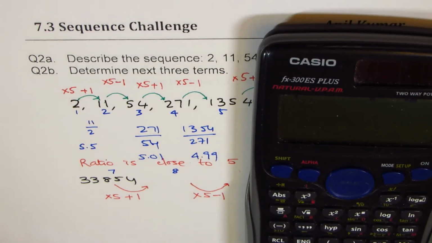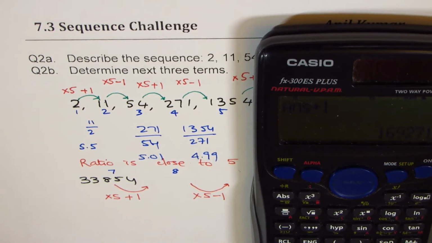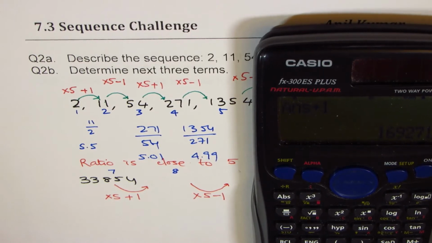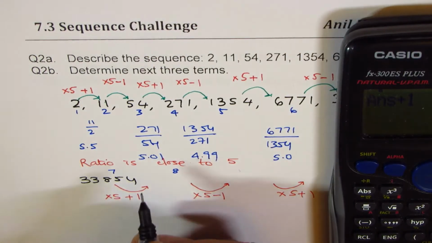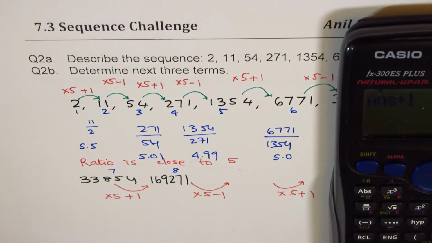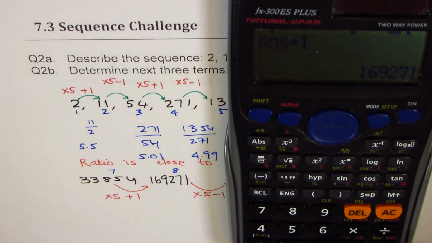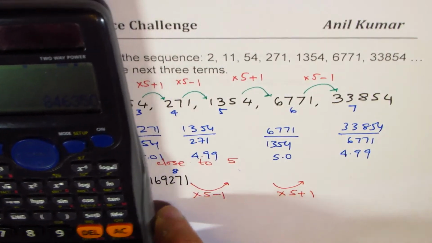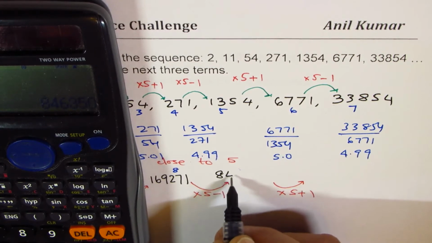So we have 33854 times 5, and we are going to add 1 to this to get our number, which is 169271. To get the next number, we'll do times 5, take away 1, which is 846350.